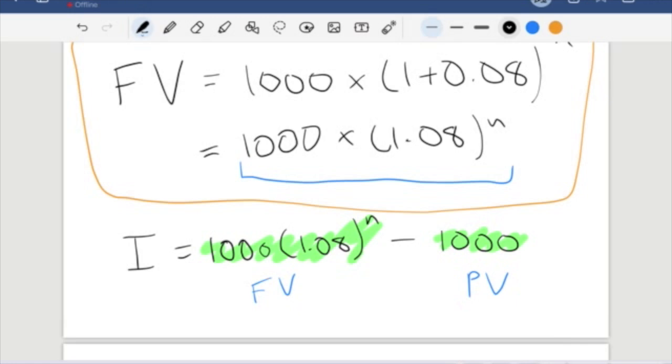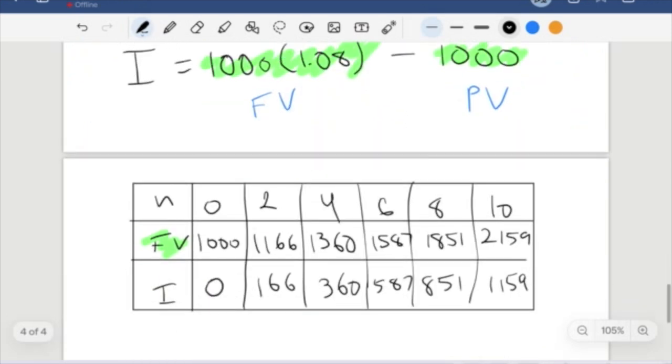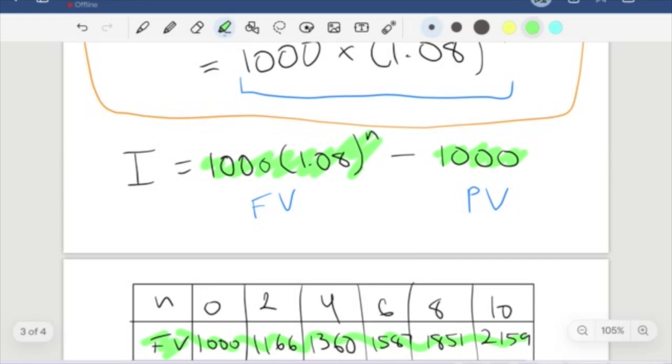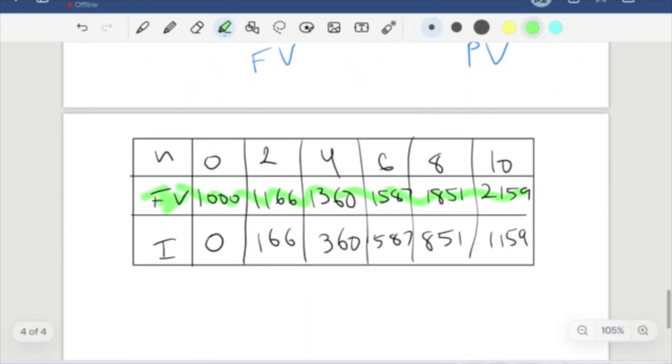Then it just becomes a matter of, as you get more comfortable, you don't need this entire future value column. You can just substitute everything straight into here, this I equals this thing here, and get all your values of I down the bottom there.